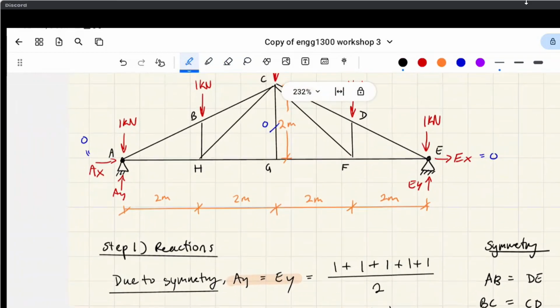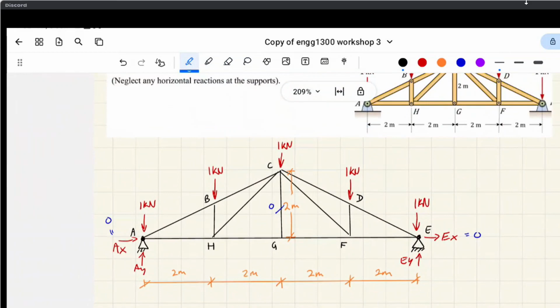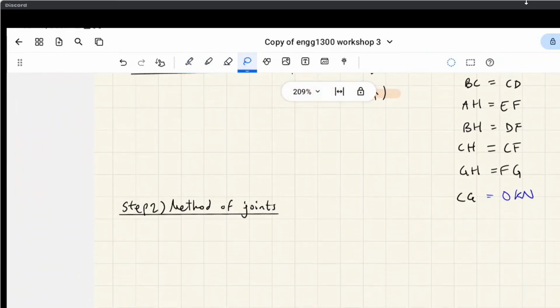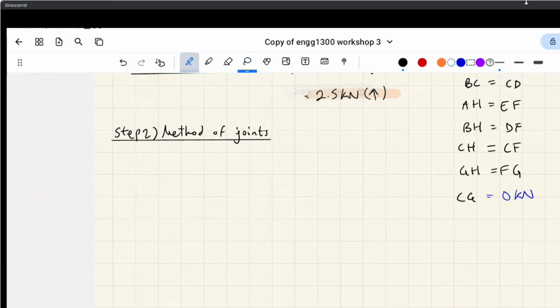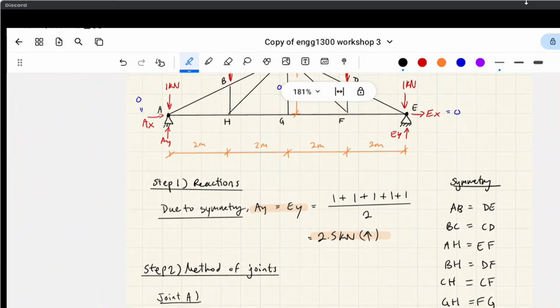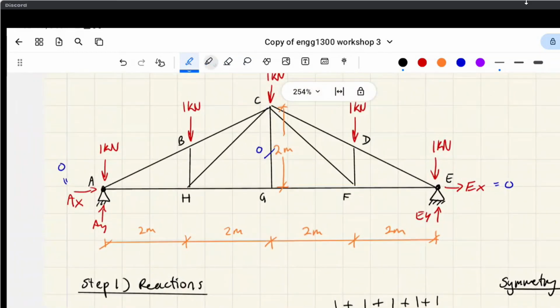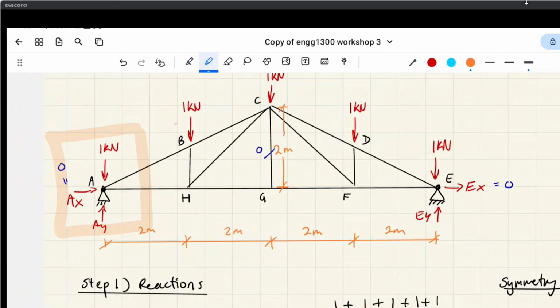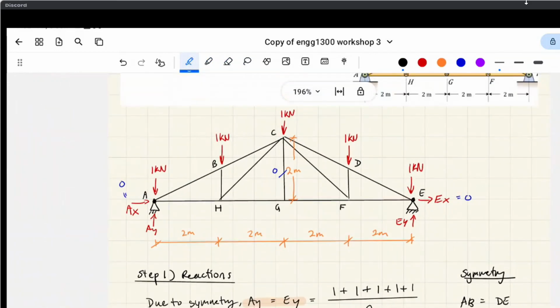Okay, next, we want to apply the method of joints, so starting joint by joint. As I said, we're going to start at A. So I'm going to redraw. I've made a free-body diagram cut here, and I'm just going to redraw the joint.